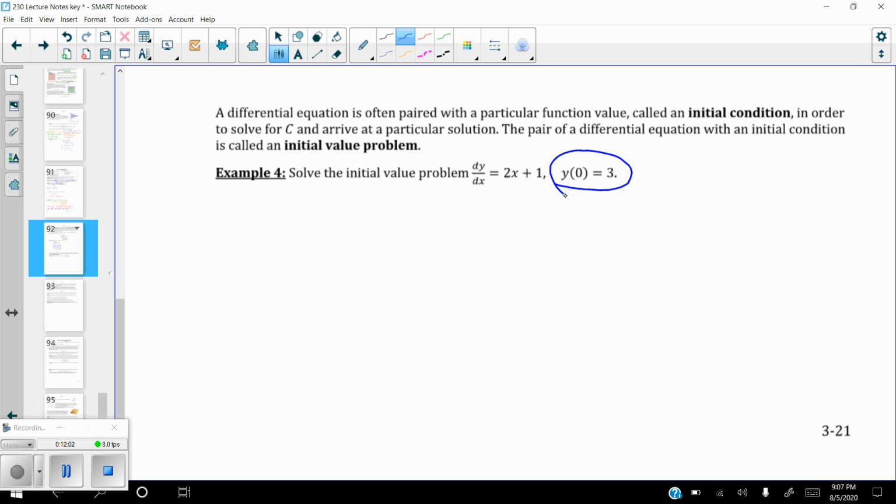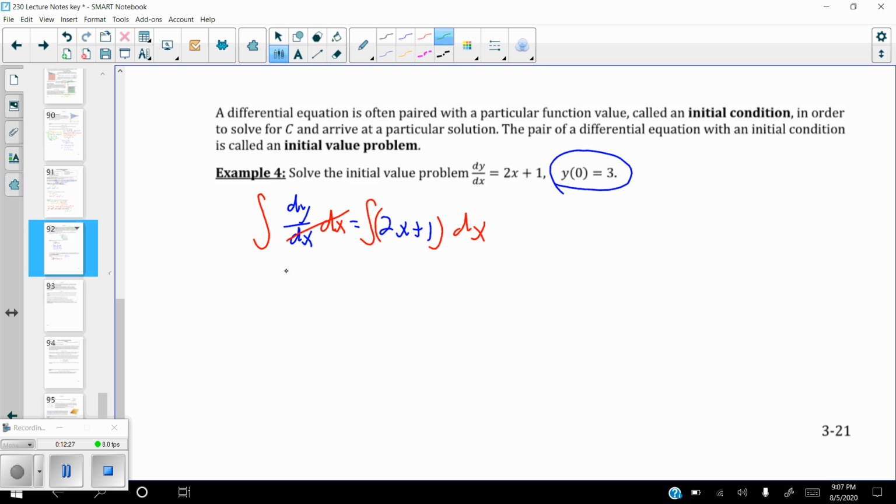So the first thing we do is we solve the initial condition problem by doing the integral. So we've got dy/dx equals 2x plus 1. I've left some space there because now we're going to integrate both sides with respect to x. So on the left side, the dx's go away.